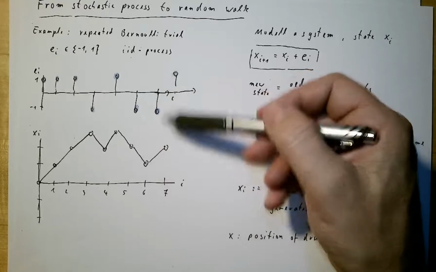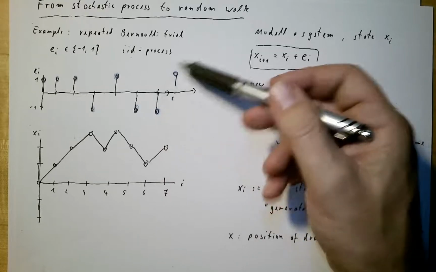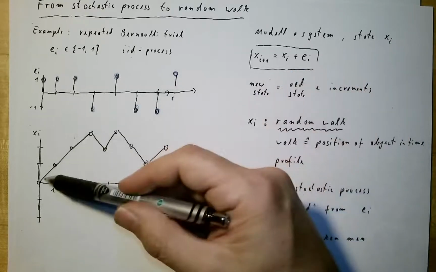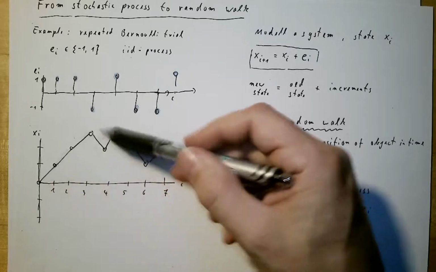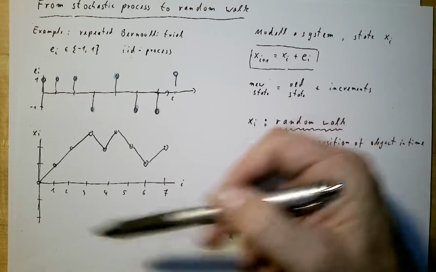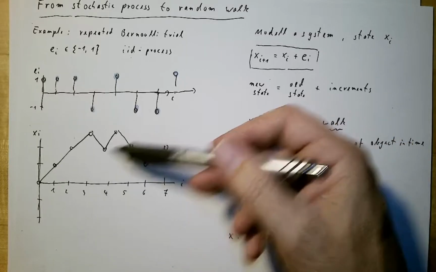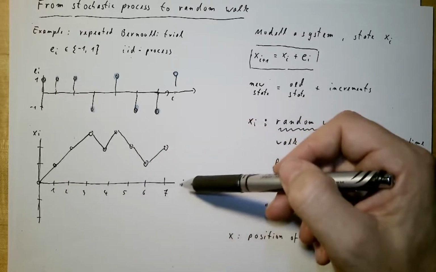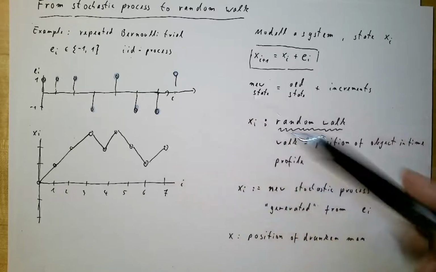I mean, if the increments are symmetrically plus and minus, then in one realization you might be more on the upside, in another realization you might be more on the lower side, but on average, by symmetry, the mean value of the walker also has to stay 0.